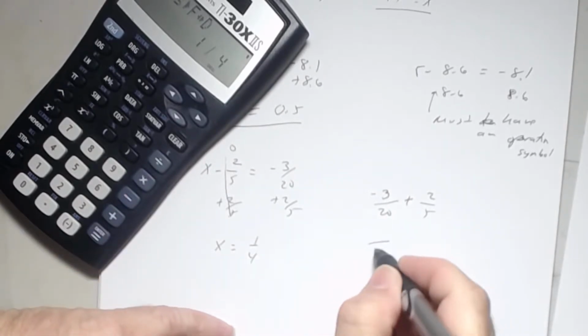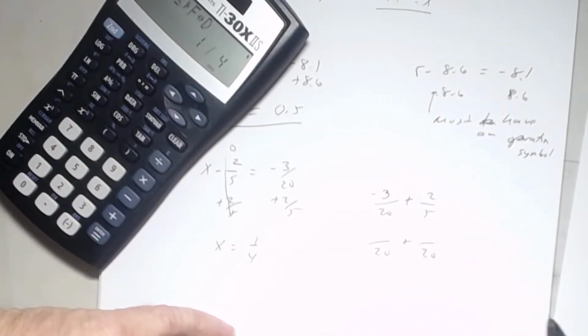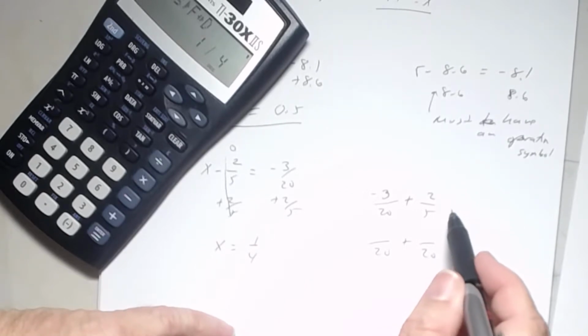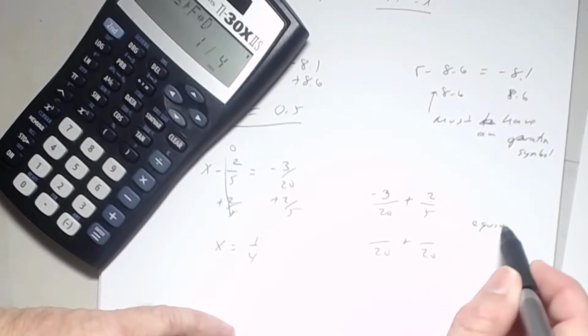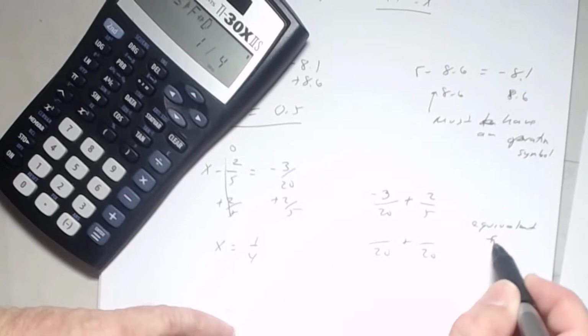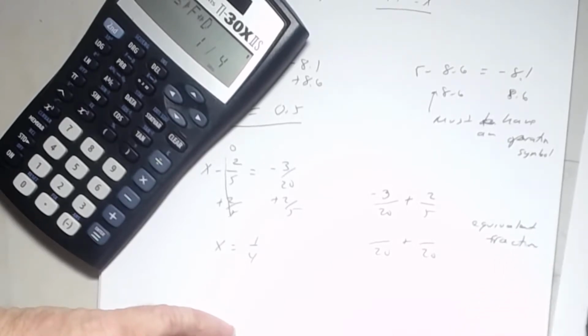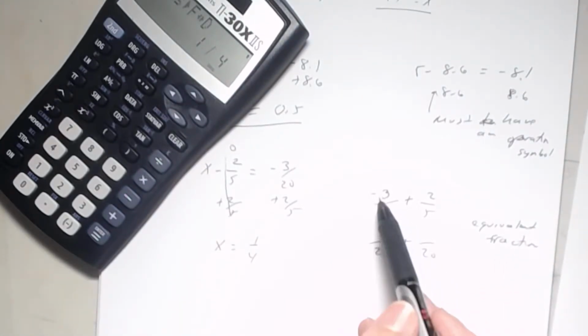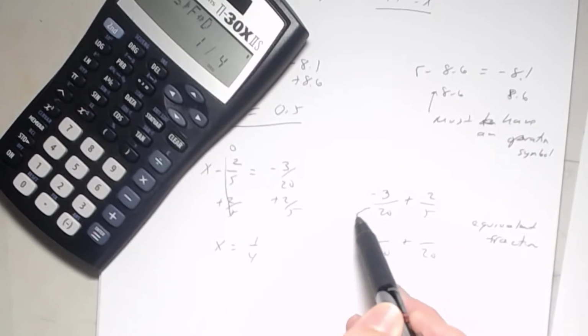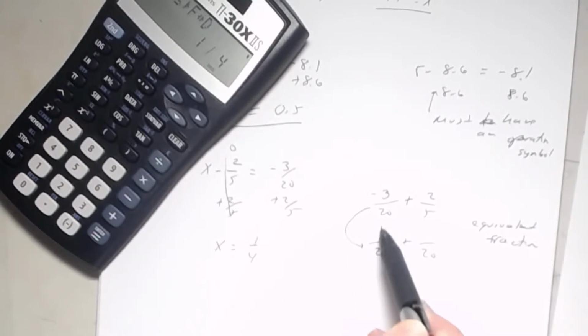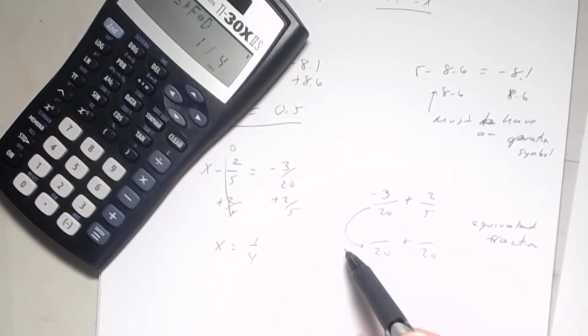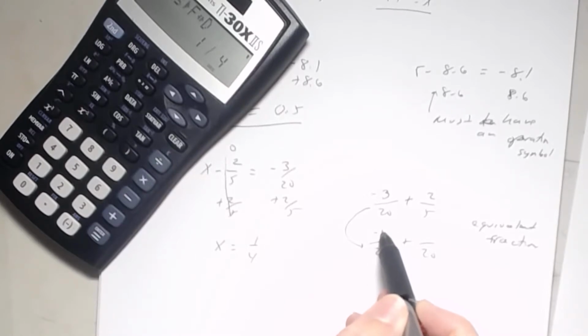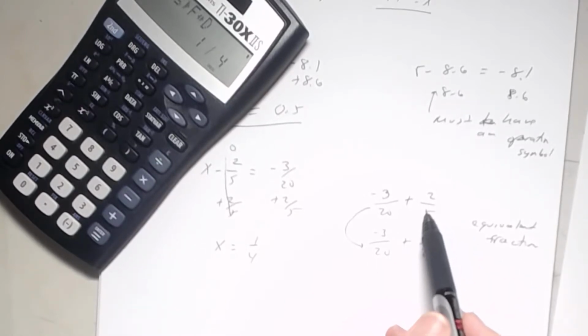So I'm going to write two fractions with 20, and then write equivalent fractions. Negative 3/20 is equivalent to itself, since it already has the same denominator. So what's going to be here? Negative 3.